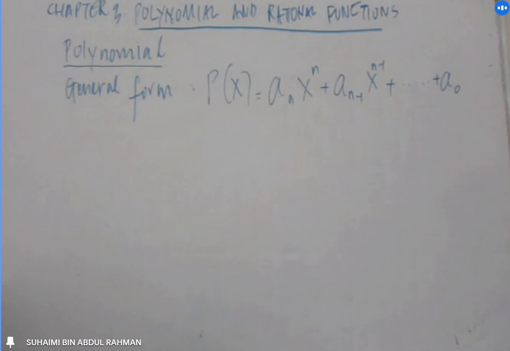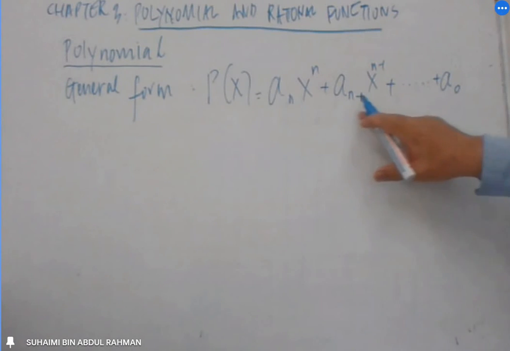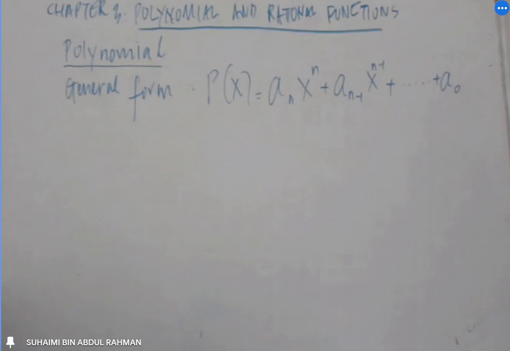The first one is a_n x to the power of n. This is the general form of polynomial.